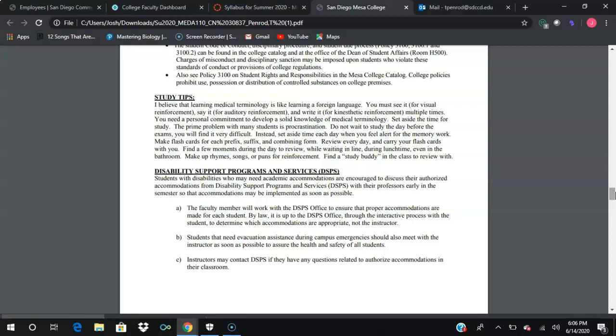Everybody's a little different. Some people are visual, some people are auditory, some people are kinesthetic. So you're going to have to find out what works for you, because once again, we are dealing with lots of terms. Finding someone to study with can be helpful, as can finding acronyms to help you remember things.